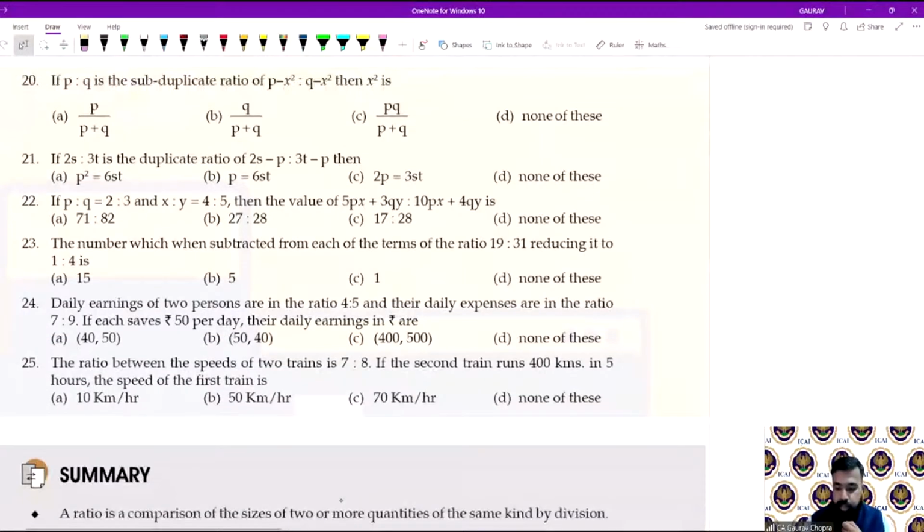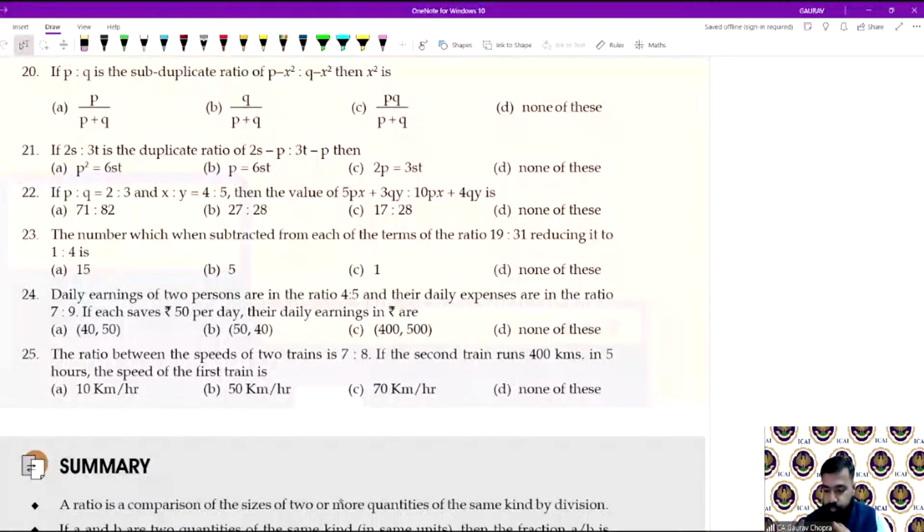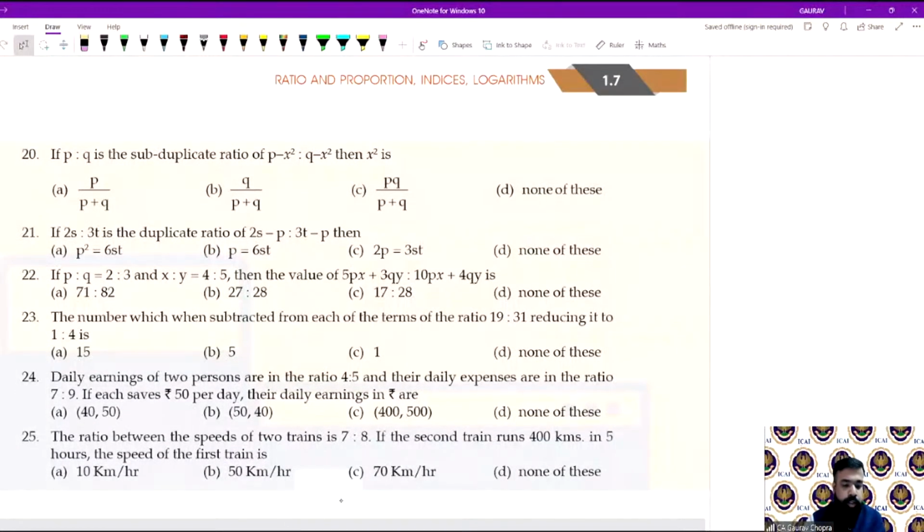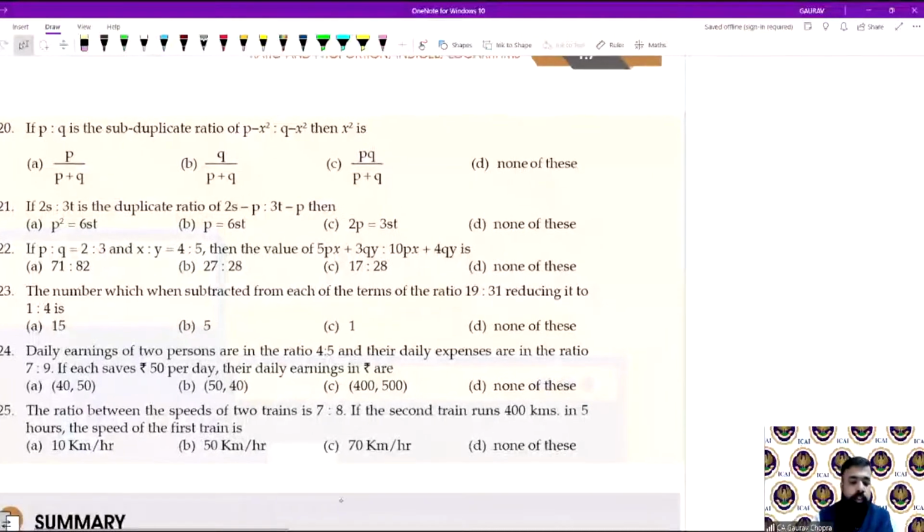Then the next one. So let us try the 20th question. If P is to Q is the subduplicate ratio of this, then find the value of x square.